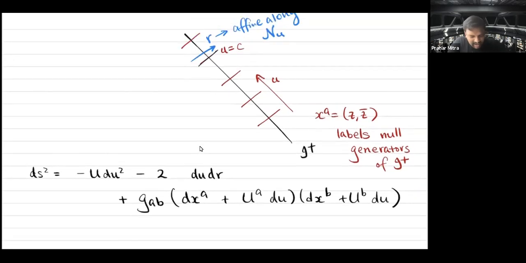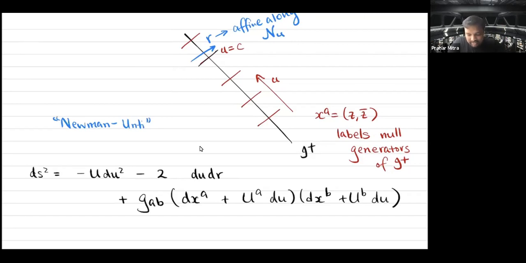I'm used to calling this Newman-Unti coordinates because I first found out the use of these coordinates in a paper by Newman and Unti, at least in this context. But there's a good chance that these coordinate systems were introduced far before that, and I'll be happy to know what the original names of the authors were.